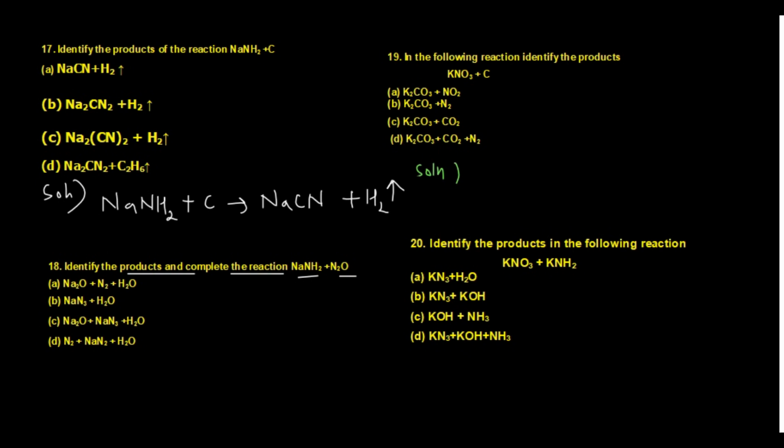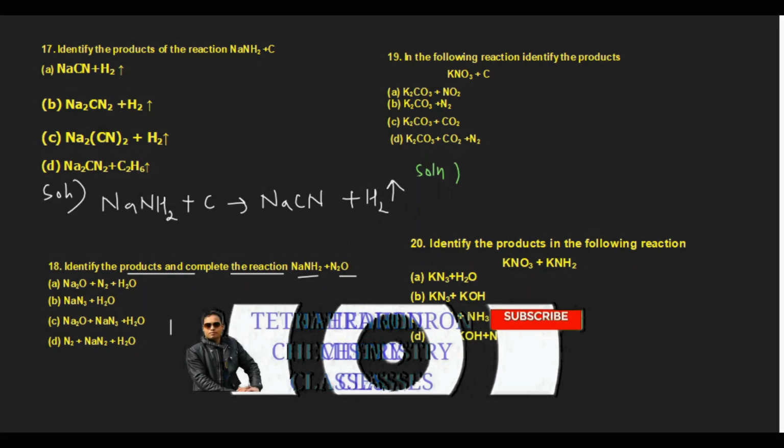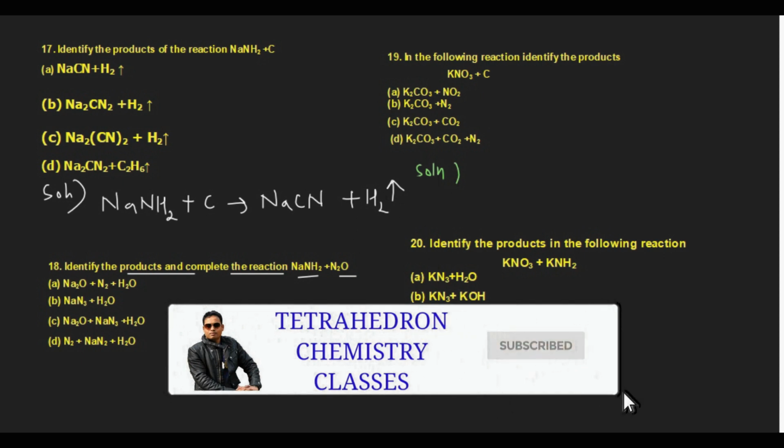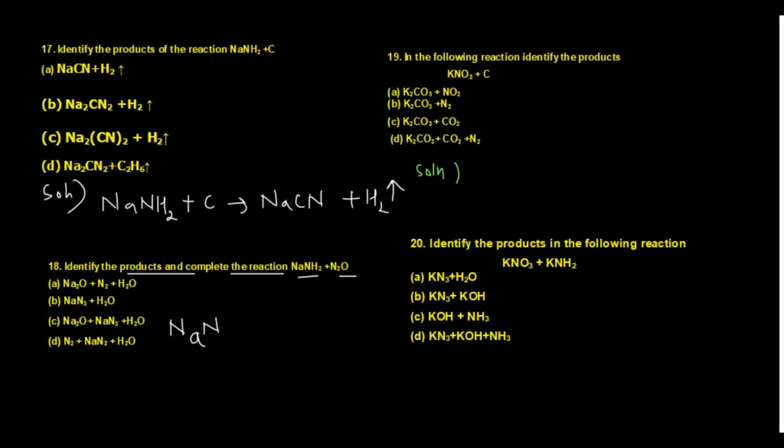You have been given your sodamide, which is your NaNH2, and you are reacting it with your nitrous oxide, laughing gas. Nitrous oxide is laughing gas, please remember. It will form your sodium azide, NaN3, along with the removal of the water. So NaN3 and H2O is the correct answer. Option B is incorrect. It's a theoretical problem.